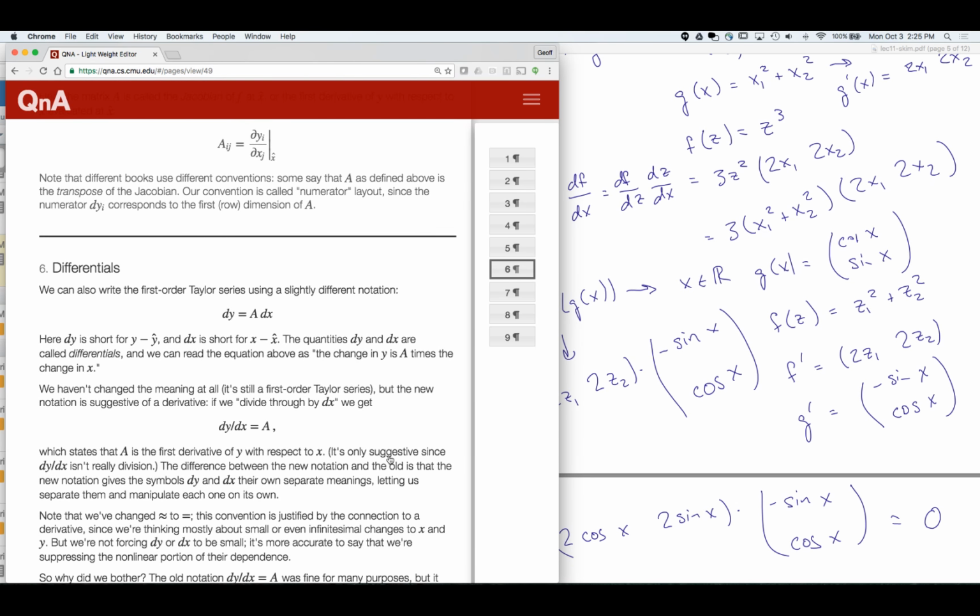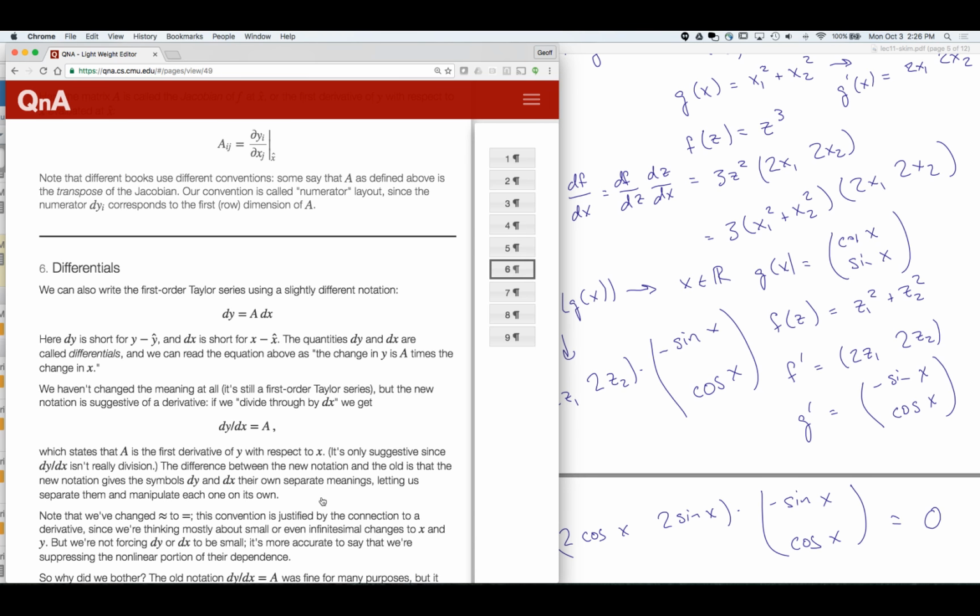Now, this notation is kind of suggestive, right? If we divide through by dx, which again we're not allowed to do because dy/dx isn't really division, but if we divide through by dx, we get dy over dx equals A, which is to say that the first derivative of y with respect to x is A, and that is in fact true, right? A is this Jacobian matrix, which is also known as the first derivative.